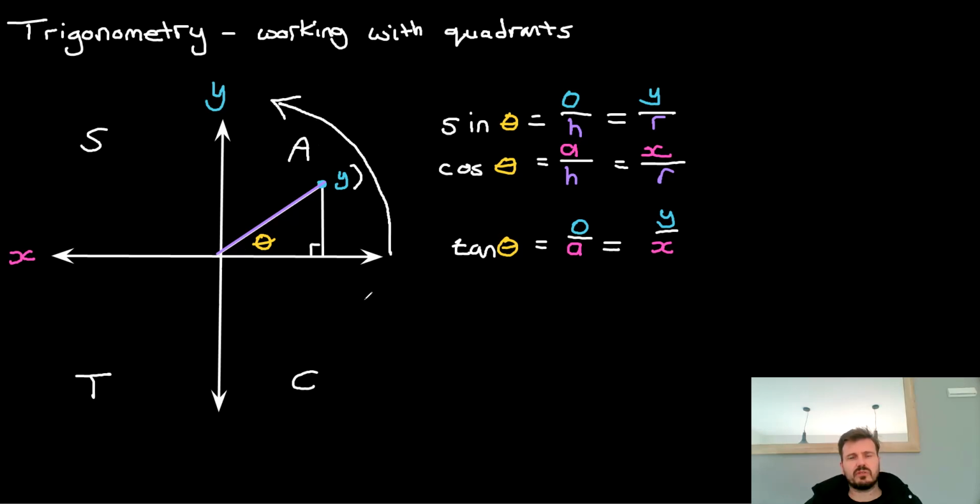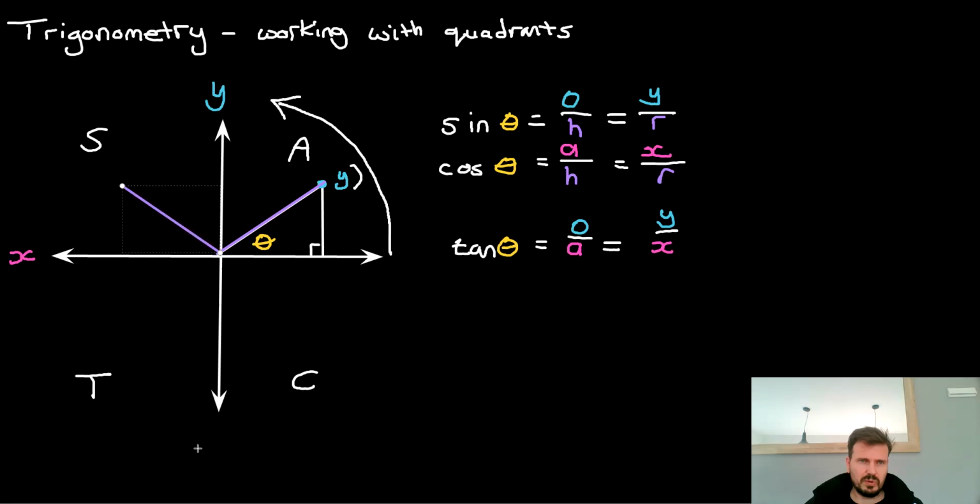So they just learn this off by heart and never really bother understanding it. You can get away with just learning that sine is the only thing that's positive here. But it's better to understand it.